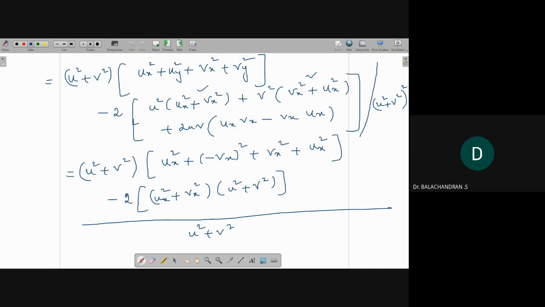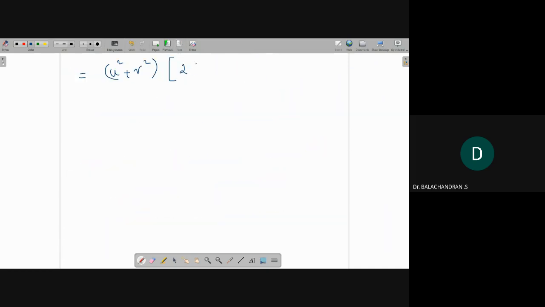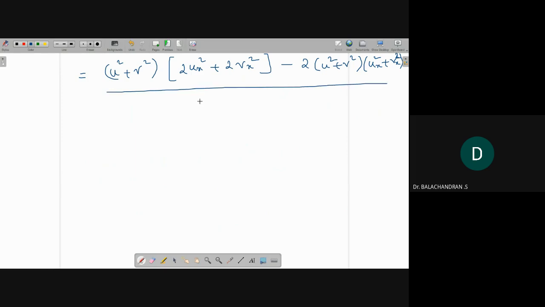into 2 times u x square plus 2 times v x square, minus 2 times u square plus v square into u x square plus v x square, divided by u square plus v square whole square.